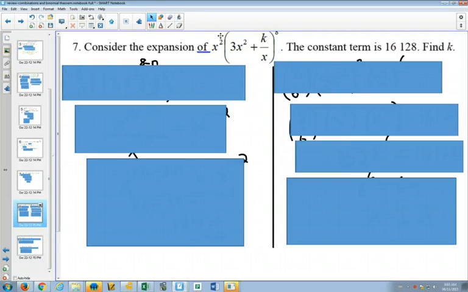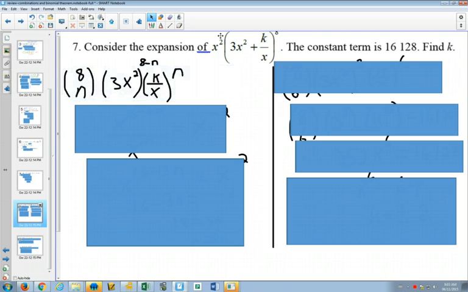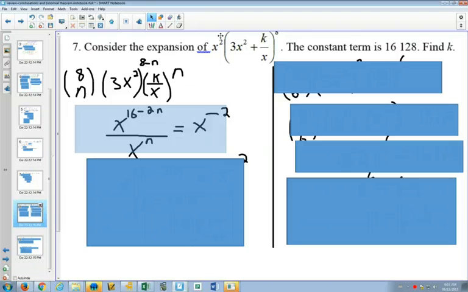That means that what we wanted to find originally can't have an x to the 0, because if it gets multiplied by x squared, then you don't have a constant term anymore. Can you see that now this part in the brackets with the k would have to have an x to the negative 2, so that when you multiply that by an x squared, you still get your x to the 0.